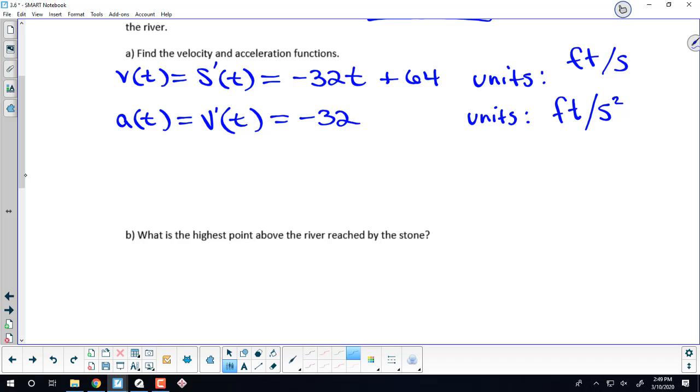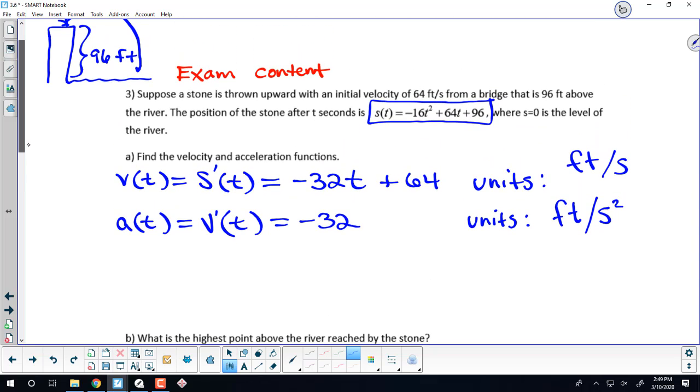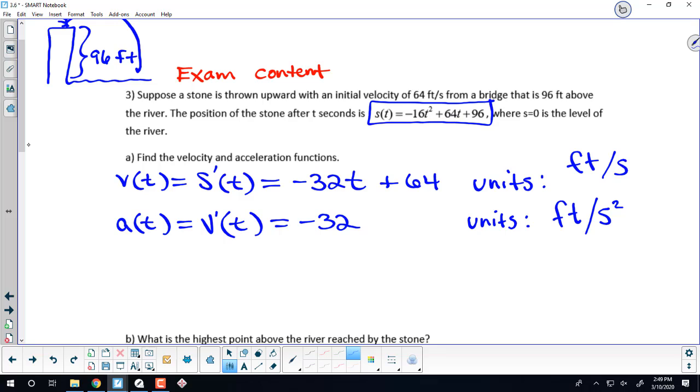So we've got our velocity and acceleration functions, and then we're going to be asked certain questions about position, velocity, or acceleration. But the main thing is that we've got all three functions. Whenever you're asked questions about position, velocity, or acceleration, keep in mind that they are functions of time.